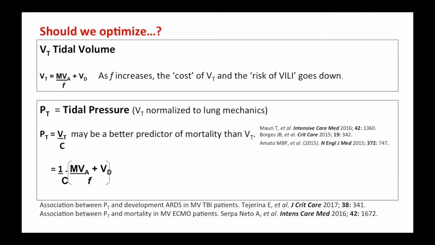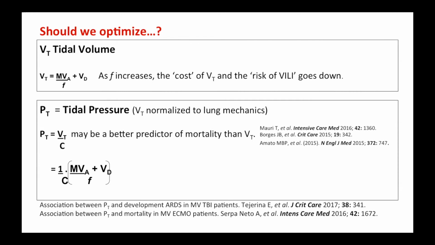Is it tidal volume? Because this can be thought of as a cost function that we are trying to target to optimize. And the tidal volume from the equation is going to be relational to the minute ventilation, the inverse of the frequency, and the dead space.